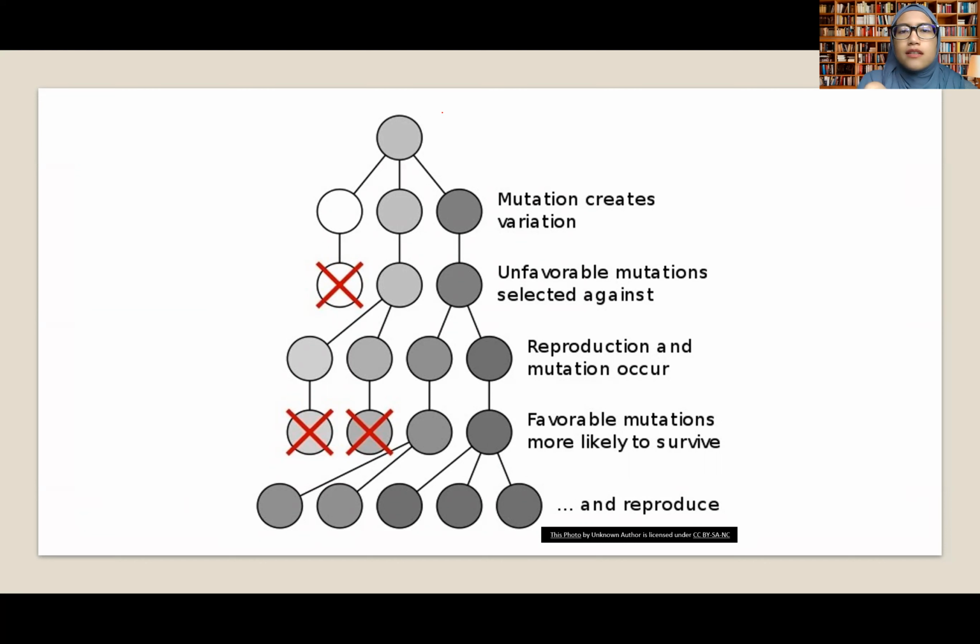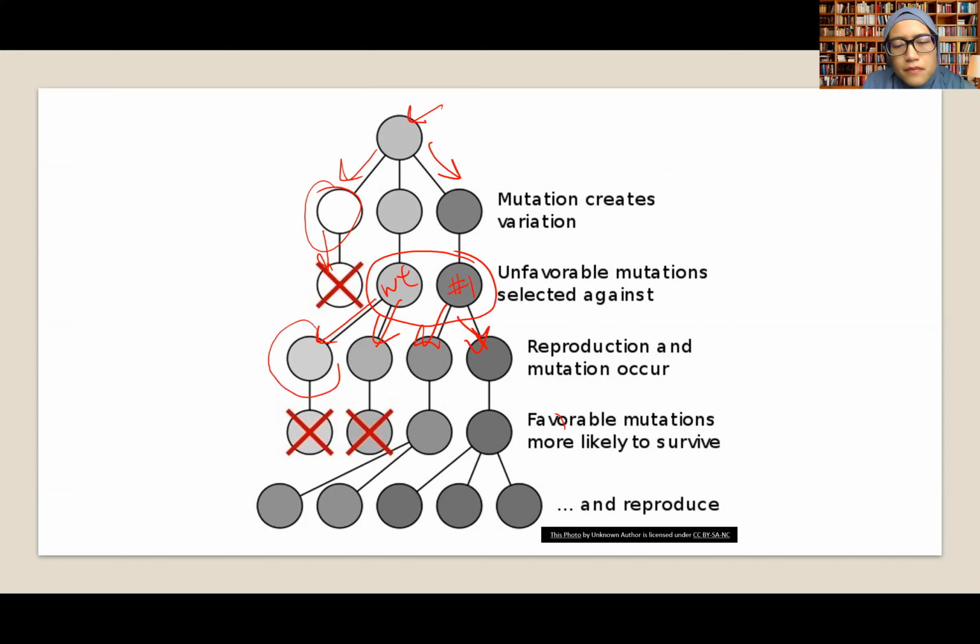If you look here, this is the original cell, the wild type, and then it creates two mutations right here. This mutation is not favorable, so this is the wild type, and this one is a mutation. We give it number 1. And then the offspring, and this one is mutated as well.